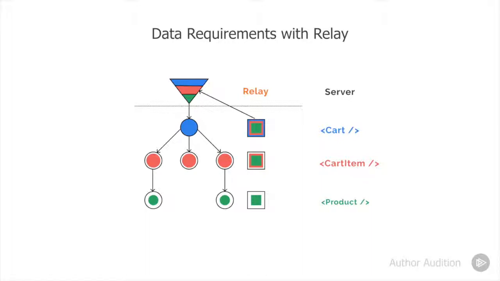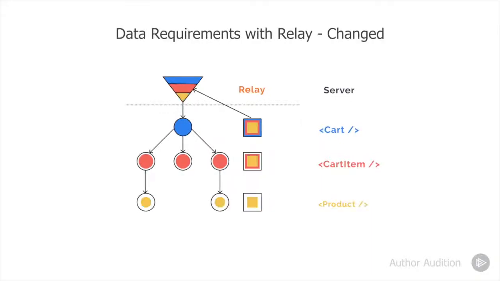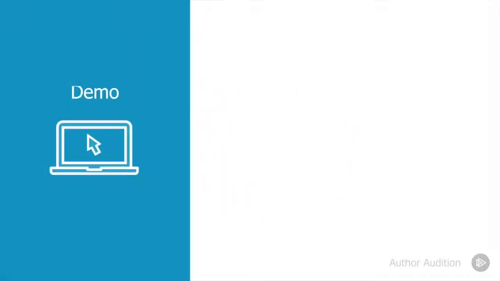Also, the cart doesn't know about the cart item's data. That's great. If I change the product in this example using Relay, we are not going to change the cart item or the cart at all, because our data fetching is handled by Relay. That's great. It's going to scale. So let's take a look at our demo.